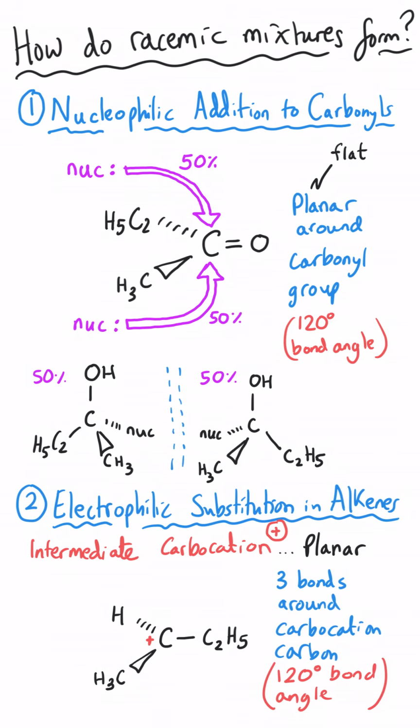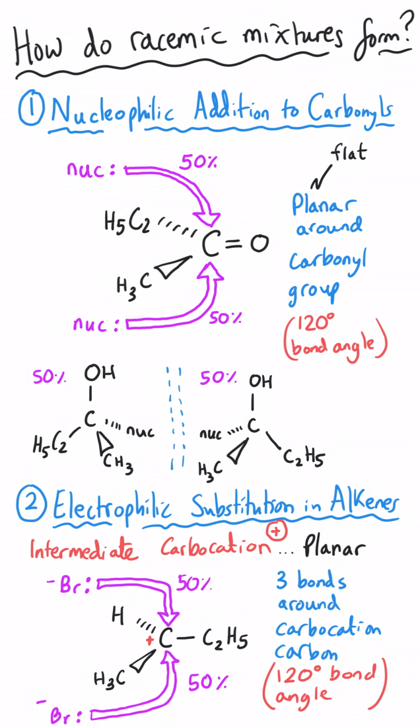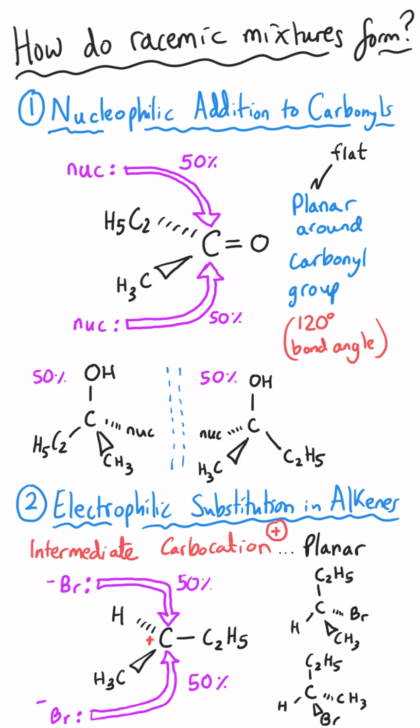That won't necessarily be planar, but the carbocation's carbon will be. And so what that means is the negative ion that's about to add on to this carbocation could attack from above or below, 50% chance of each. They'll both happen in equal amounts, and so we'll end up with some of our, say, halogenoalkane with the bromine pointing out towards us, and others will be pointing away from us, 50-50 mix, racemic mixture.